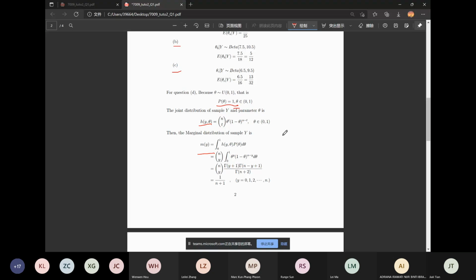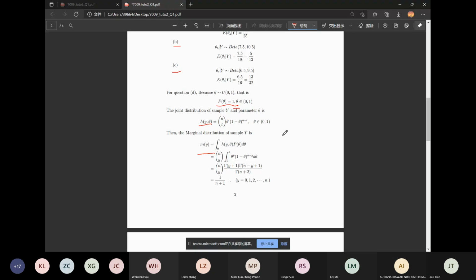Remember, to get the posterior, you just multiply the likelihood with the prior. The prior is uniform 0, 1, so the PDF is 1. So you just multiply your likelihood with 1. That's it. You don't have to integrate. What you are doing is not wrong, it's just not needed.